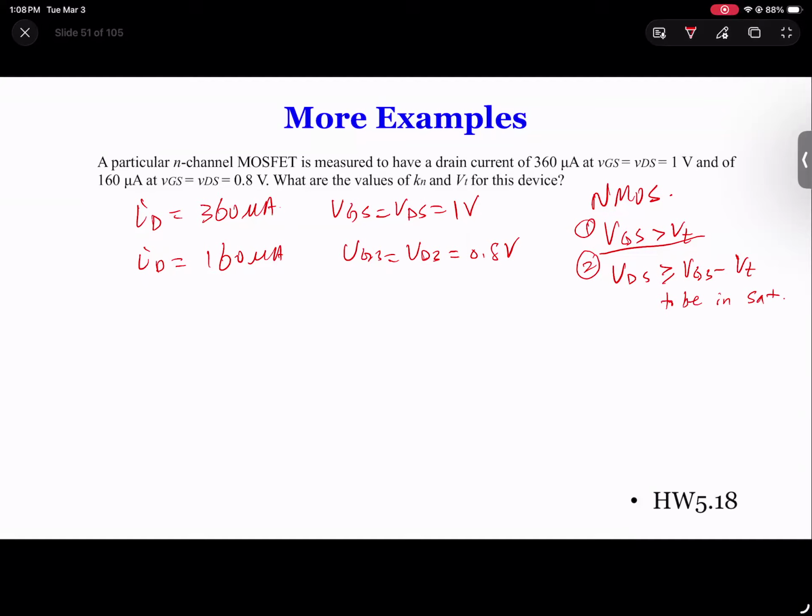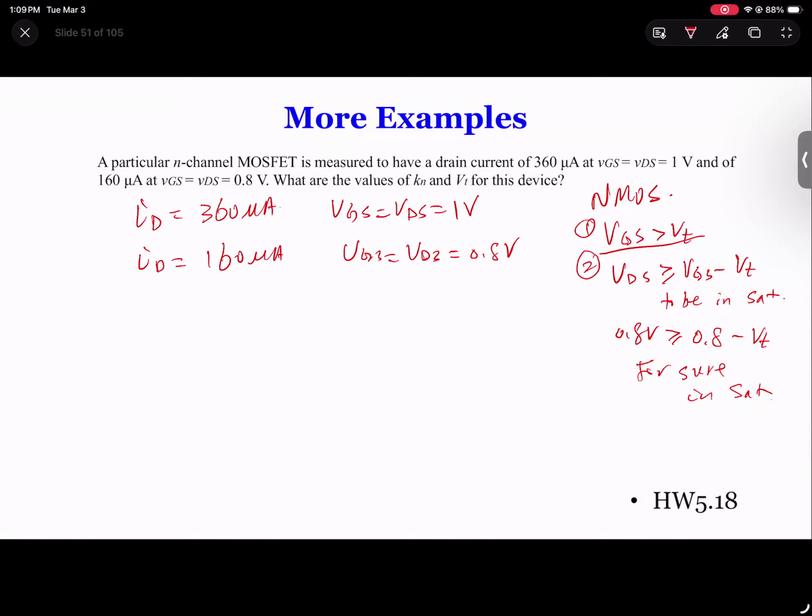They're equal to each other, right? So VDS is definitely larger than VGS minus VT, which is something like 0.5, whatever the number is. So we are for sure in saturation.